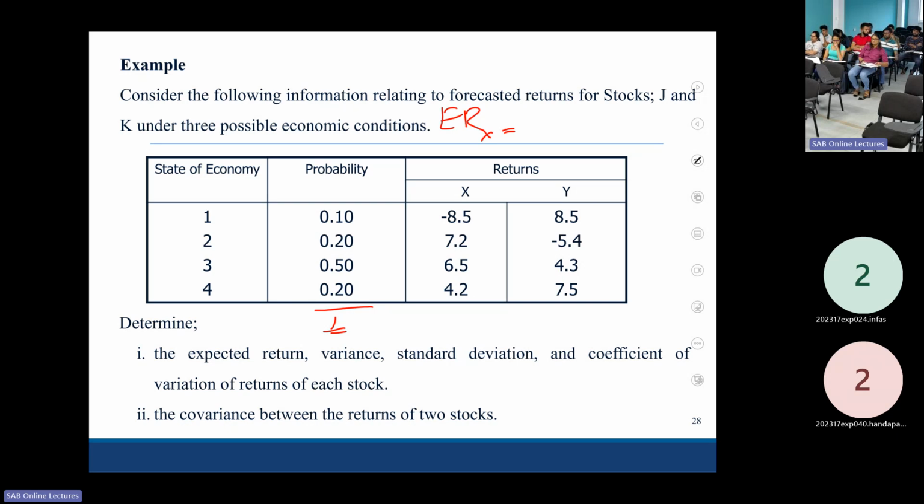So the expected return of stock X is equal to the forecasted return under state of economy 1, which is minus 8.5, probability of happening it is 0.1, plus the forecasted return under state of economy 2, 7.2, probability of happening that is 0.2, plus the forecasted return for the third state of economy, 6.5, probability of happening that is 0.5.